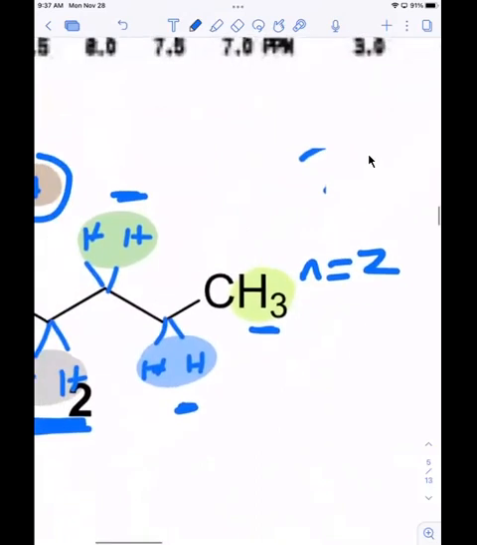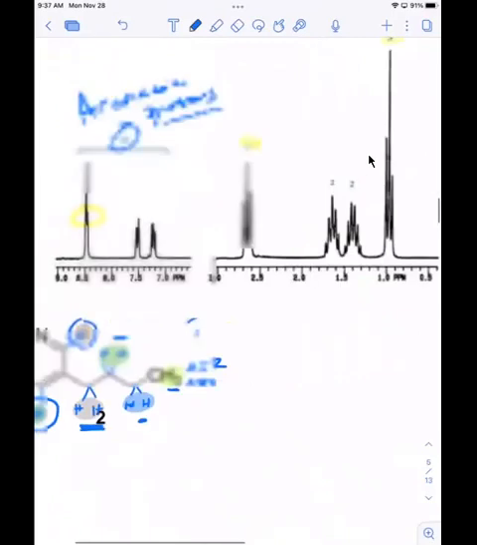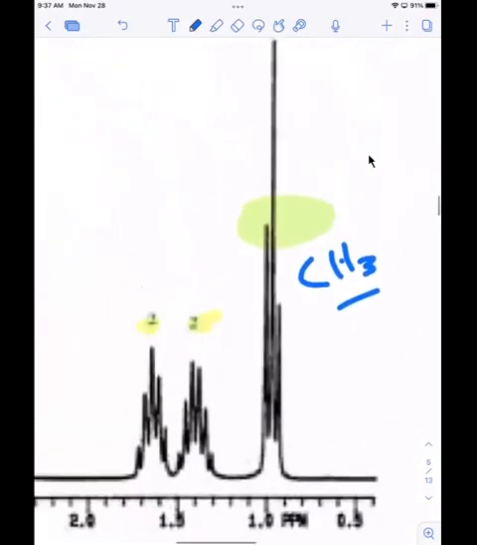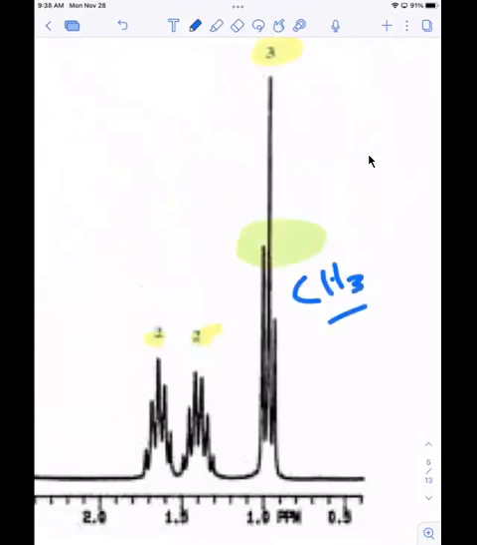The other hydrogens are too far away to couple with it. So it's only going to couple with these right here. So N is going to be 2. That means the N plus 1 will be 3. So it should be a triplet. And you can see that, right? It is a triplet. It's not really symmetrical, but it is a triplet.